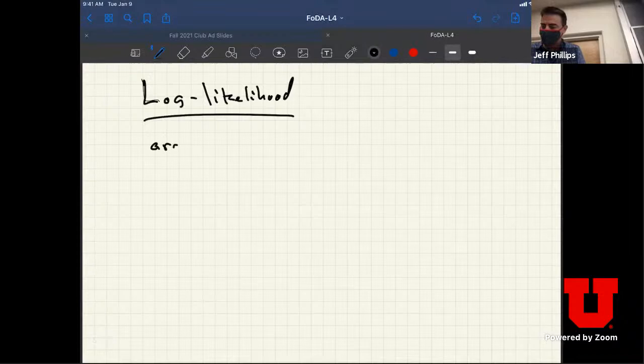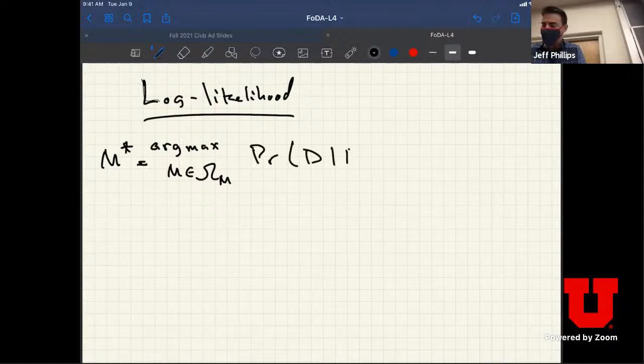We're going to try to find the arg max of a model from some space of models. This will be M star, but we're just going to look at the probability of the data given the model. So this term will just be some likelihood. We're not going to look at the prior.